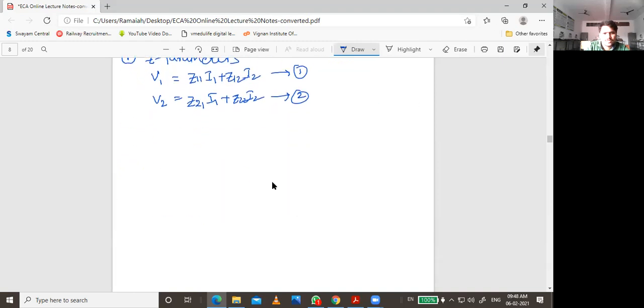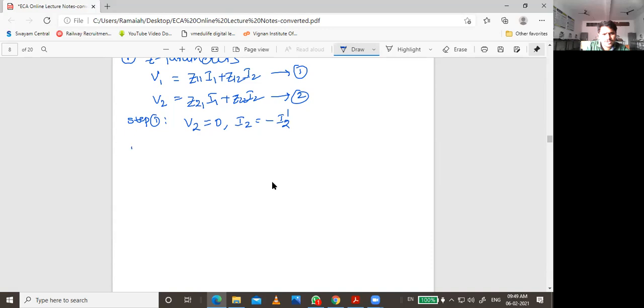Now, what is step 1? Step 1 is V2 is 0, that is port 2 is short circuit, and I2 equal to minus I2 dash. So we have to find what? V1 by I2 dash. Therefore this I2 must be expressed in terms of I2 dash.